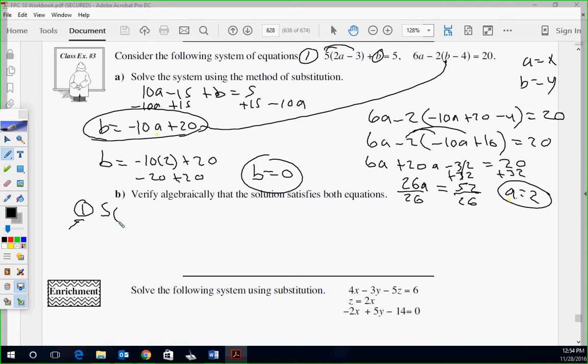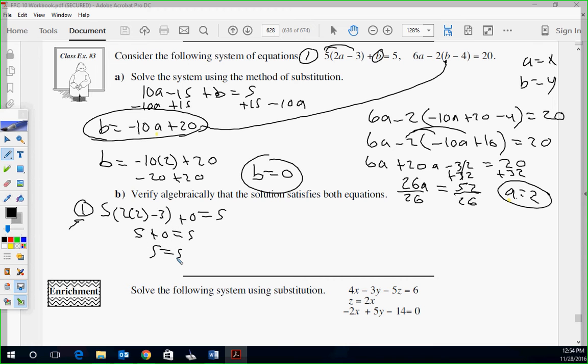So 5 times 2 times 2 minus 3 plus 0 equals 5. 2 times 2 is 4. 4 minus 3 is 1. 1 times 5 is 5. 5 plus 0 is 5. So the first one's verified.